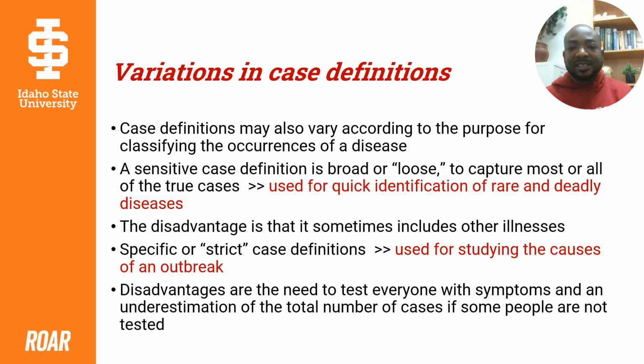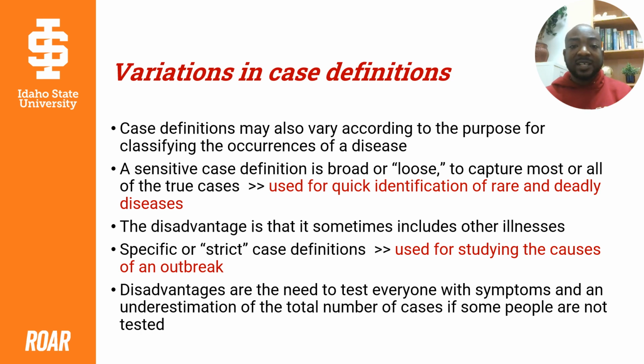So a sensitive case definition is one that is broad or loose, so to speak, in the hope of capturing most or all of the true cases. For example, the case definition for a suspected case of rubella is any generalized rash illness of acute onset.